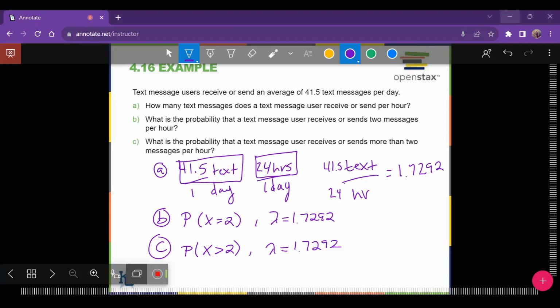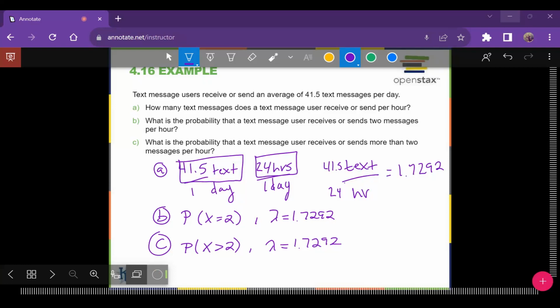So here are the probabilities we found. The probability that x is equal to 2 was 0.2653, and the probability that x is greater than 2 was 0.2505. I think I copied that down wrong.